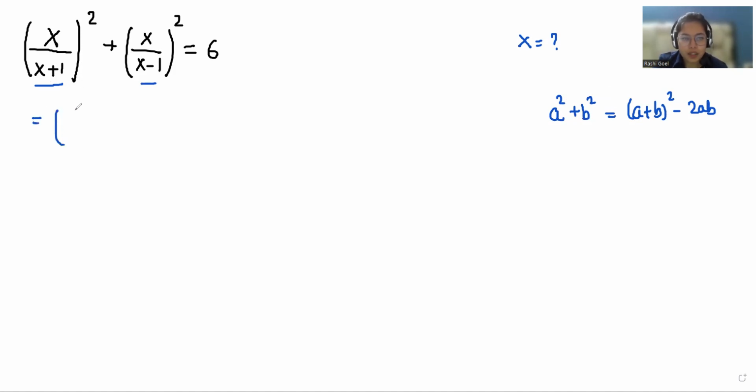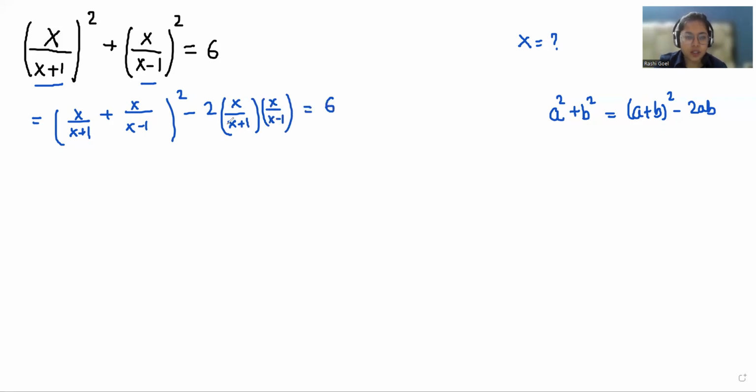So a + b: (x/(x+1) + x/(x−1))² − 2 times x/(x+1) times x/(x−1) = 6.